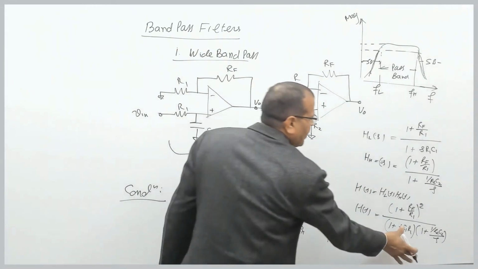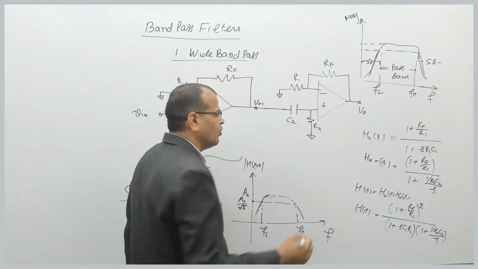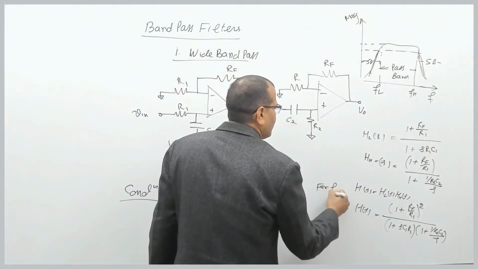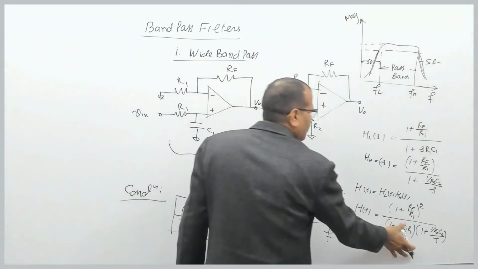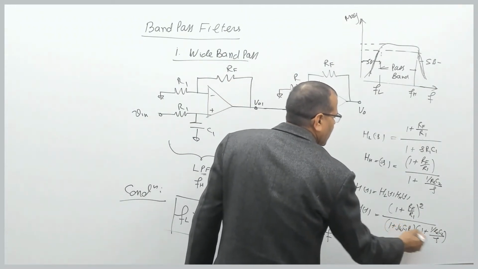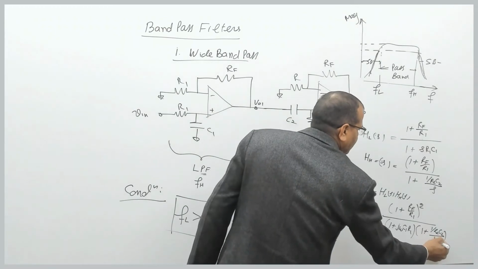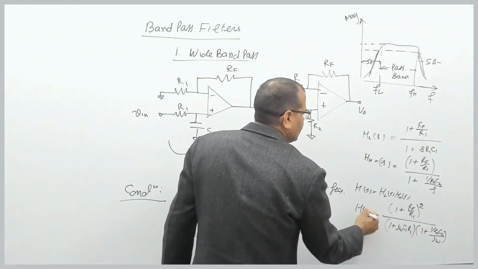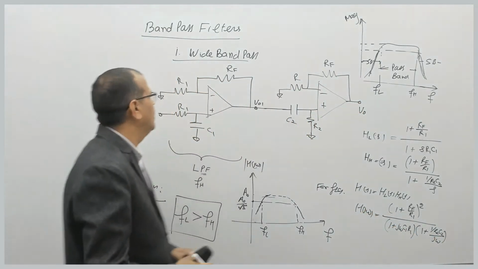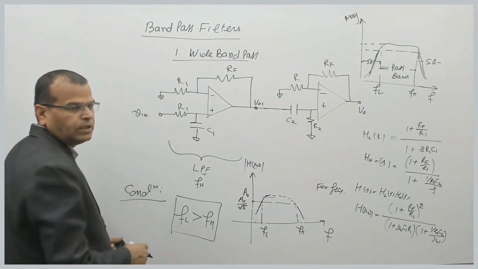Or you can replace S by j omega for the frequency domain. For the frequency domain, what do we do? Replace S by j omega. That becomes the overall transfer function of this filter.